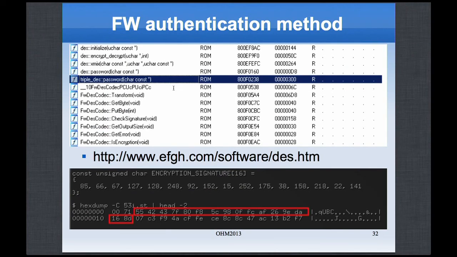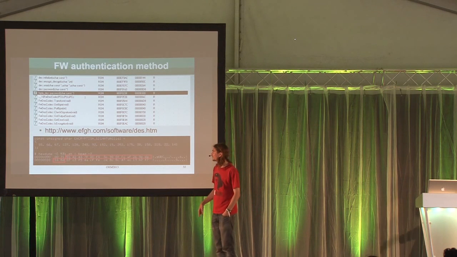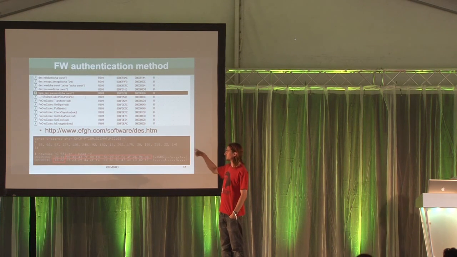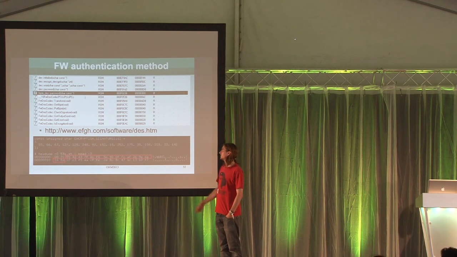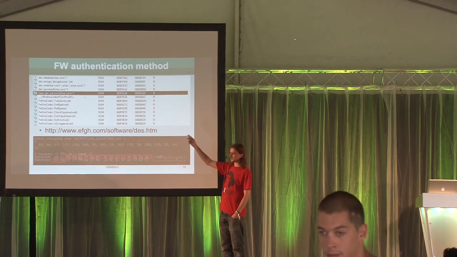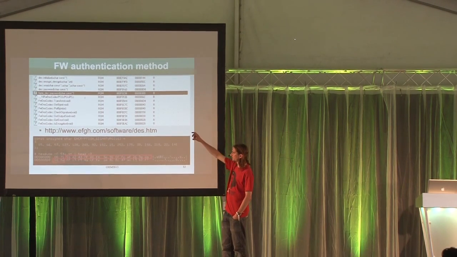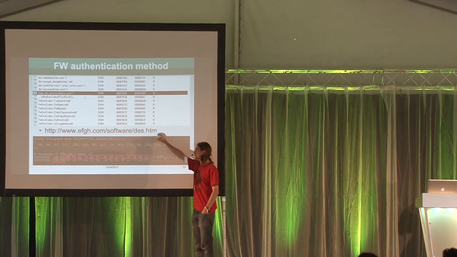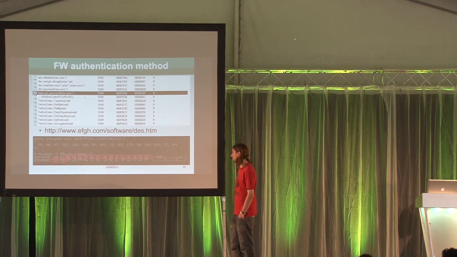So here we first look a bit at it. The class FWDES codec has, as an attribute, a class which is triple DES, which also has a class in its attributes, which is DES. And we tried with Google, with the prototype directly, the prototype of the DES and triple DES function class, and it led us to this site with an implementation of DES, which is not very well done.